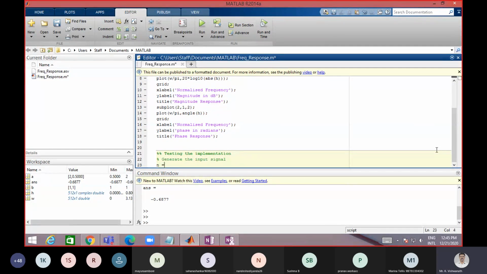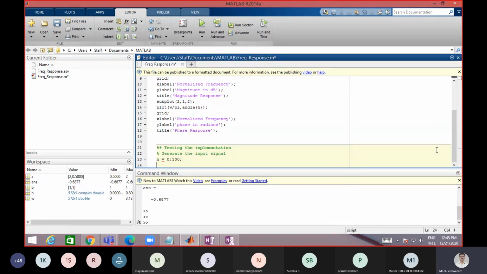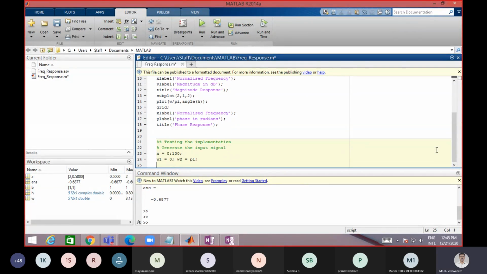So time you will specify, that is the sample instant 0 to 100 samples, and the frequency. So omega 1 is 0 and omega 2 is pi. Two components we have seen.